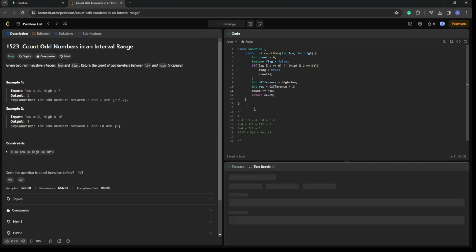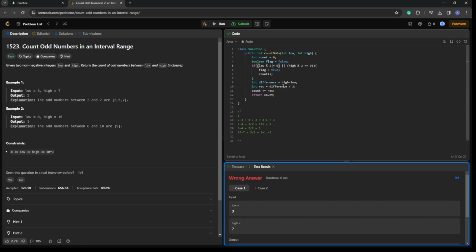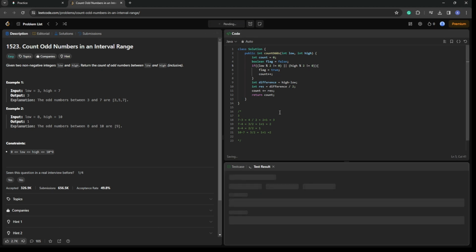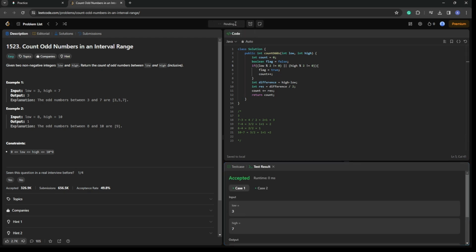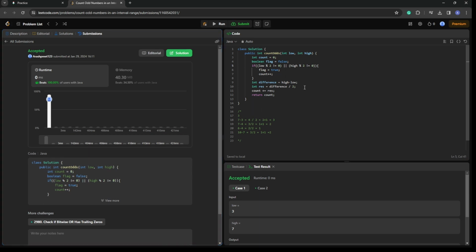I think this should. Oh, oops. No, I'm doing this wrong. Hold up. Does not equal. This should fix it. Yeah, there we go. There we go.